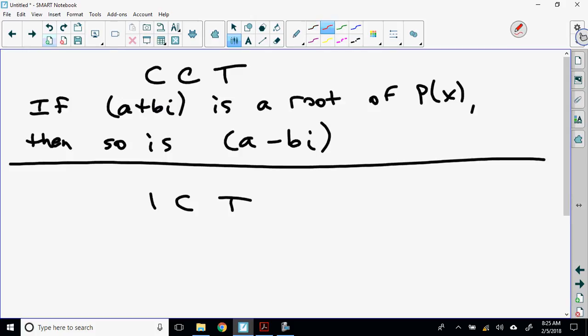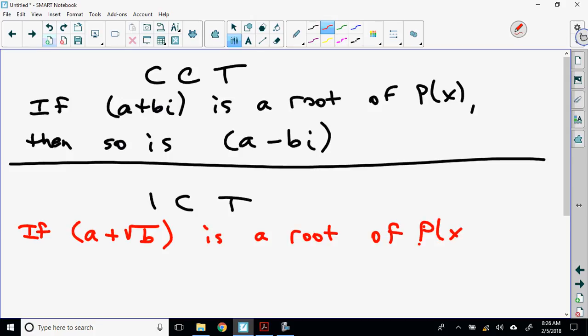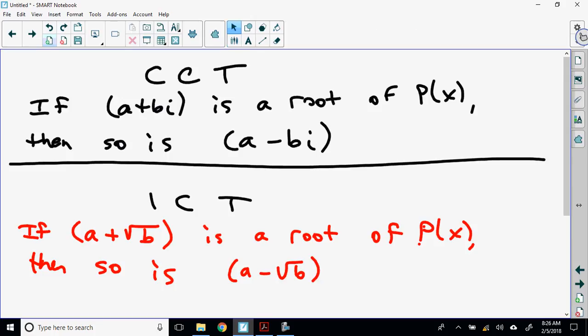All right. So the other one, the ICT, stands for irrational conjugate theorem, and it says this. It says if a plus rad b is a root of p of x, then so is a minus rad b.